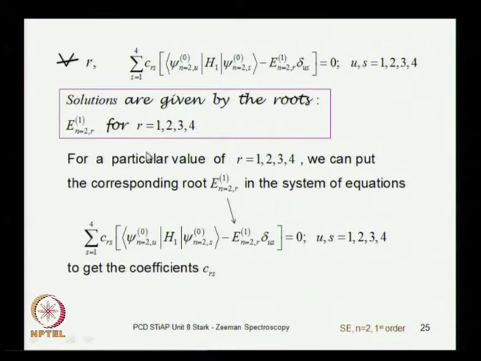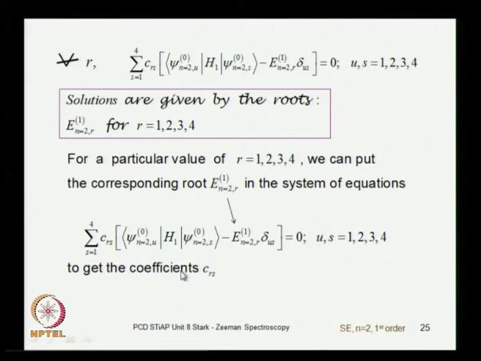So, this is the system of equations that we want to solve, and the solutions are given by the roots of this equation. So, for each value of r, after you get the roots of the equation, you can put those roots in and then get the coefficient c.